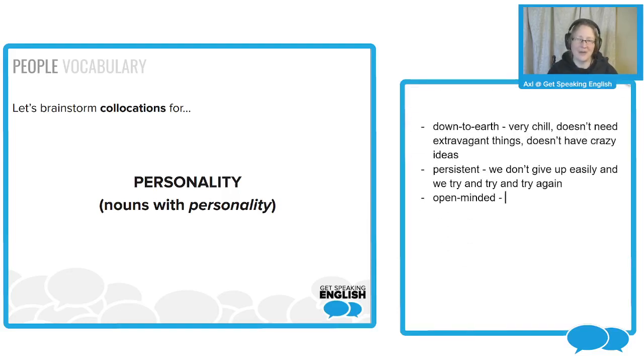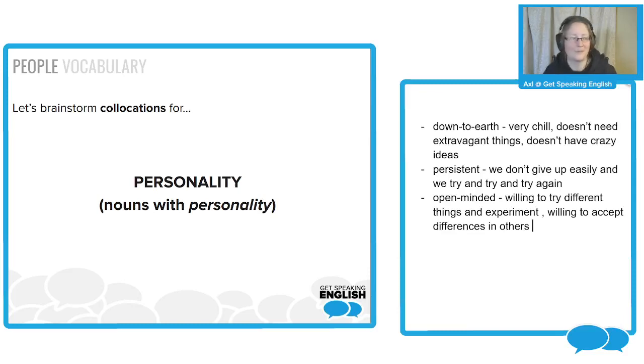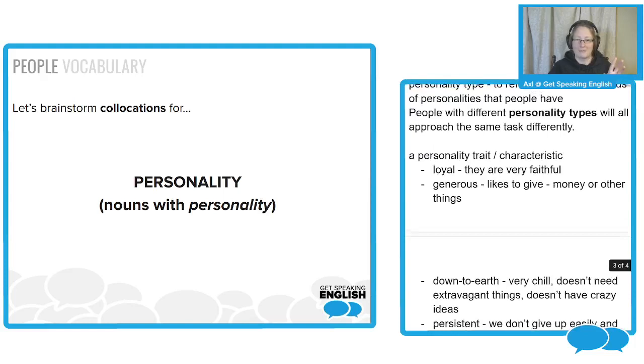So people who are open-minded are willing to try different things, right? Experiment and are okay with accepting other people and other people's opinions without much judgment. So, yeah, people who are open-minded, that's great. Yeah, so all of these are great personality traits.